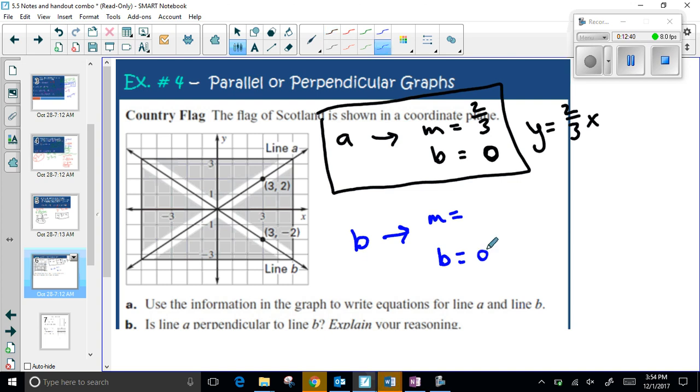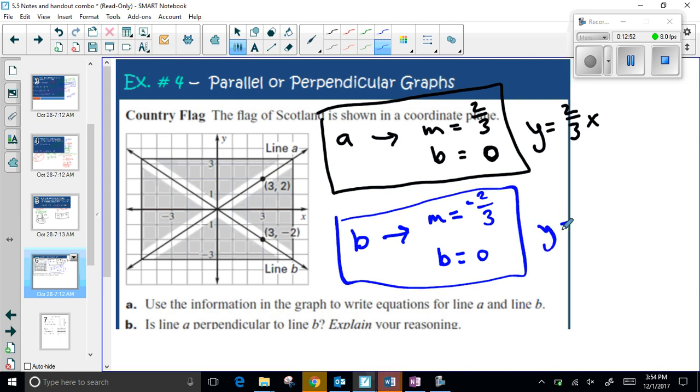And then my rise over my run is I'm going to go down 2 and over 1, 2, 3. So it's a -2 over 3. Well, let's write the equation. y equals -2/3 x.